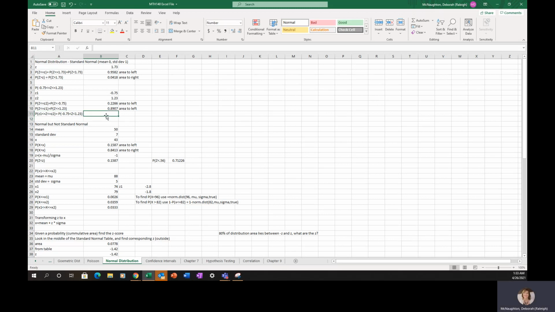And so this is equal to the probability that it's less than 1.23 minus the probability that it's less than negative 0.75. And I just want to show you, I'm going to draw this to show you why that works.